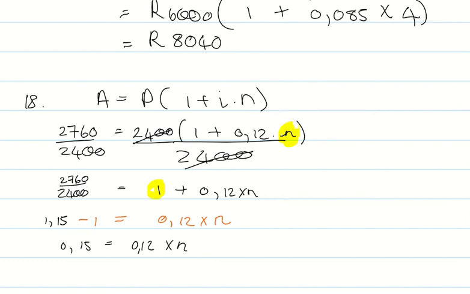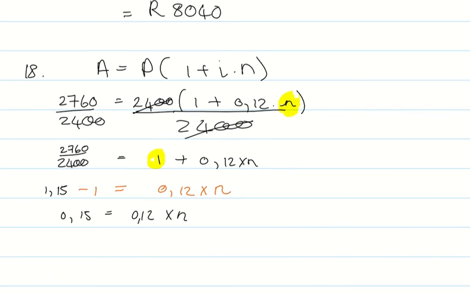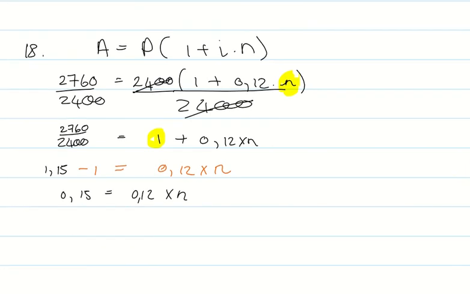I'm still left with the multiplication, and I only want to determine n. How can I get rid of the 0.12? If I'm multiplying, I need to divide by 0.12. That and that cancels out, and I need to do the same on the other side: divide by 0.12.